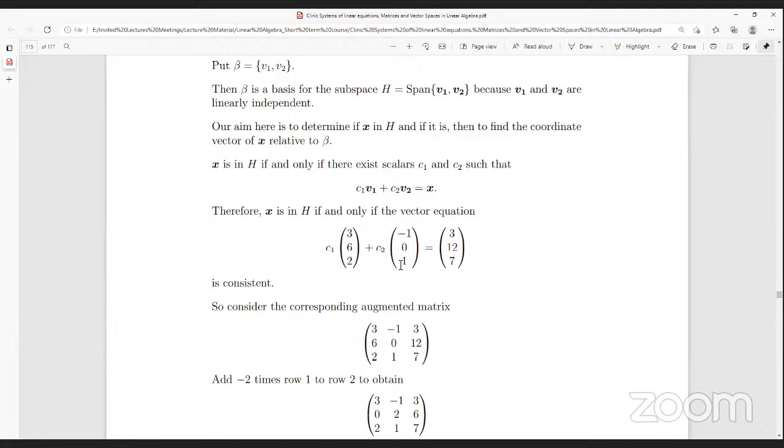Is it okay? A vector with coordinates 2, comma 3 can be written as 2 times 1, 0 plus 3 times 0, 1. Is it okay? Yes, sir.